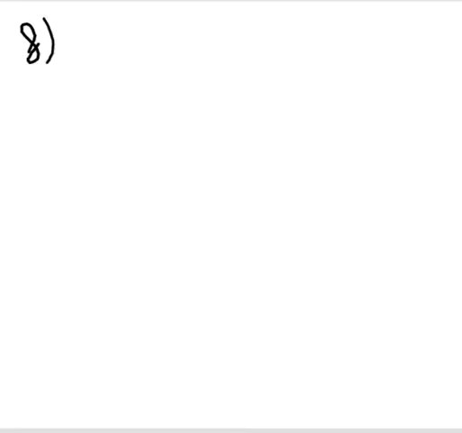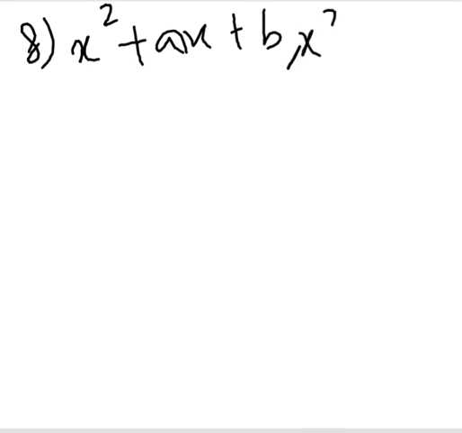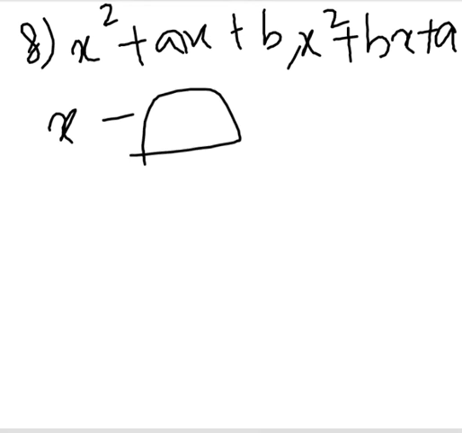8th question. Looking at the 8th question, x square plus ax plus b, and x square plus bx plus a. So these are the two given polynomials. Now normally x minus something will be the common factor in these polynomials, right?